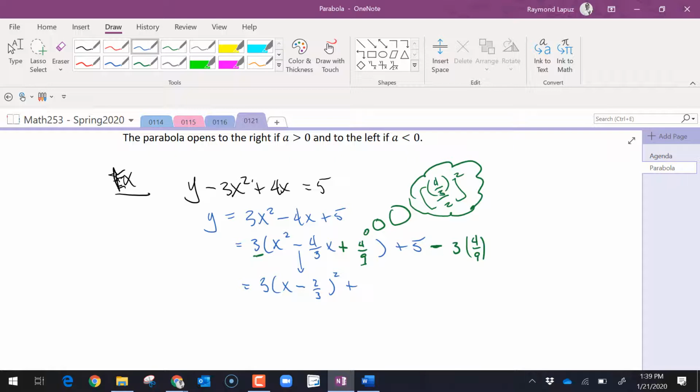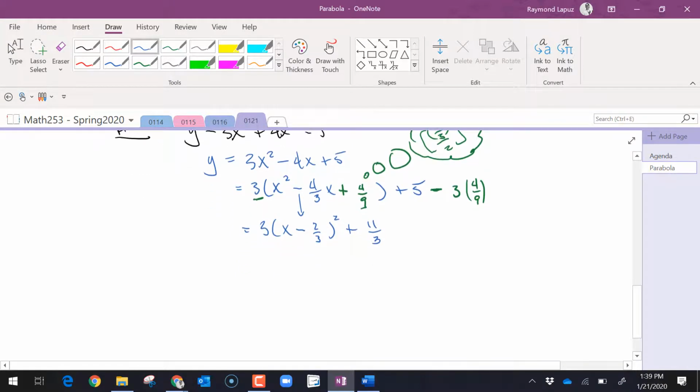So 4/3. So 15 minus 4, 11/3. Okay, there you go. So then now you can identify your vertex.